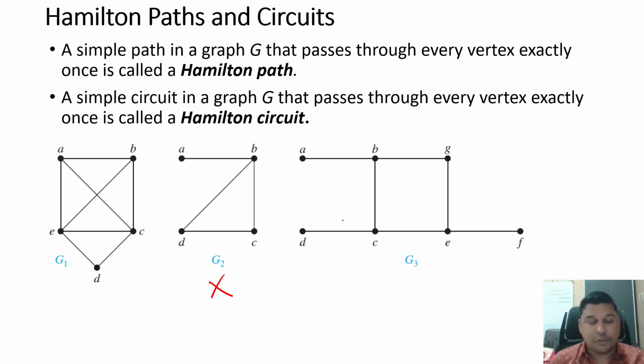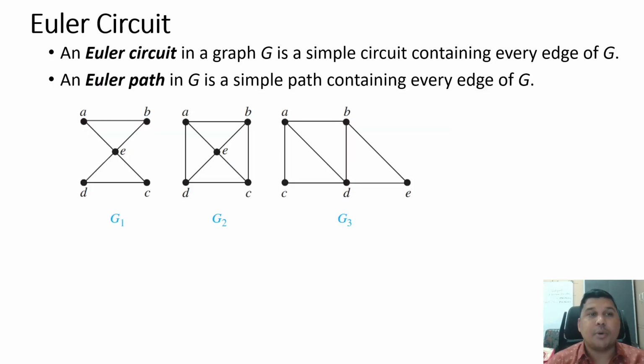If you summarize what we have seen, we have studied Euler circuit, Euler graph and Hamiltonian graph. A graph is called an Euler graph if there exists an Euler circuit. My goal is to visit all the edges exactly once, and if I start at a point and come back to the same point after covering all the edges, there is a circuit.